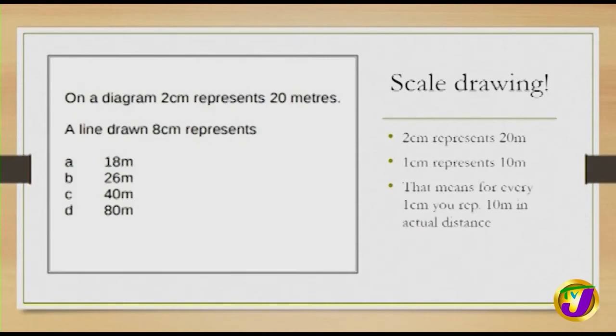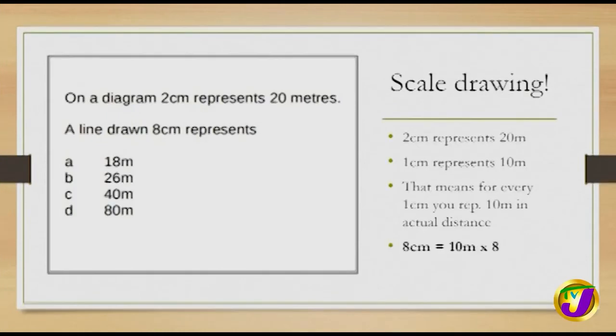What does that mean though? It means that for every 1 centimeter that is represented on the diagram, it actually represents 10 meters in actual distance. All right. But they're not really asking you that. They're asking you how much the line drawn for 8 centimeters would represent. How many meters would it represent?